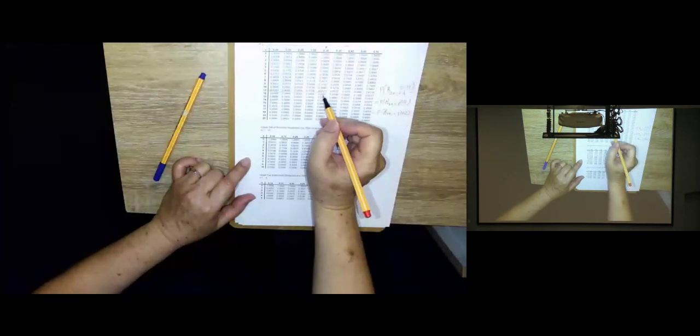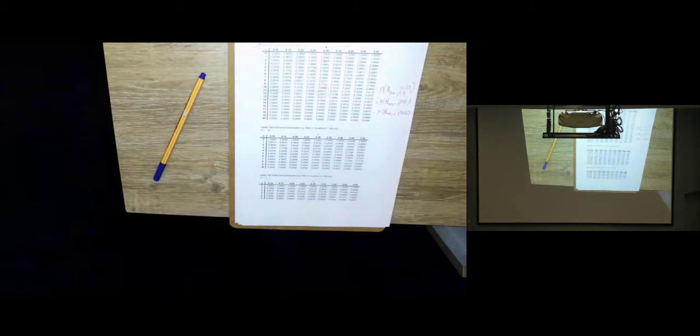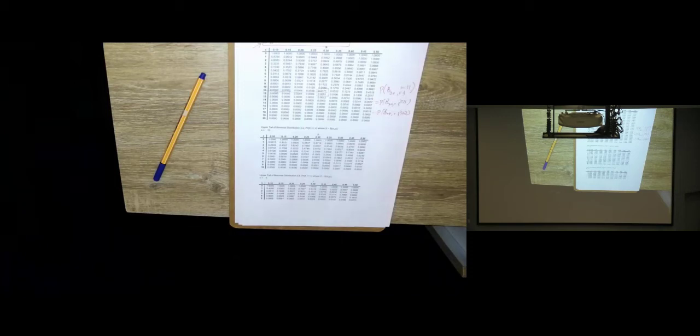Okay, so if you are looking at this, then you have to subtract these two numbers in order to get the point probability.